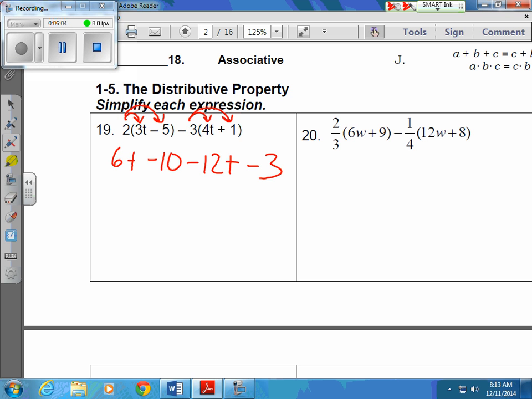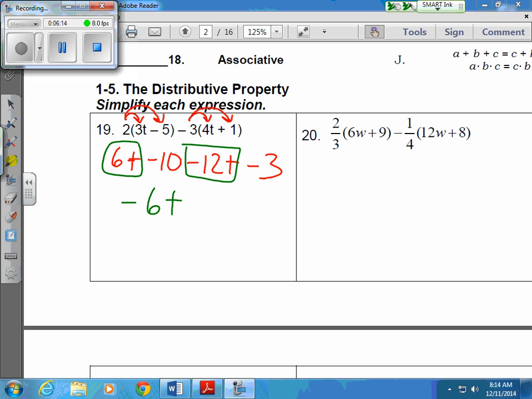That's what you should get as your first step when you distribute. You got to take this sign in front of this 3 along with it. The 6t and the negative 12t are alike. And then we have the negative 10 and the negative 3. Those are both constants. Minus 13.